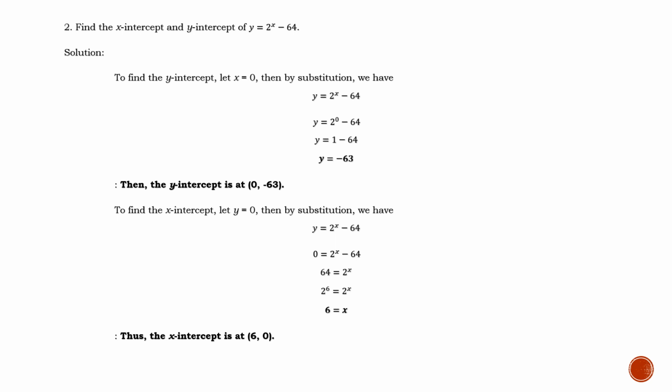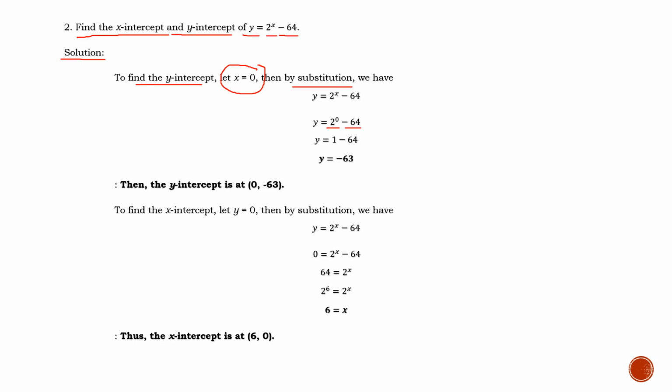For example number 2, find the x-intercept and y-intercept of y equals 2 raised to x, minus 64. For the solution, to find the y-intercept, it's automatic that we conclude x is equal to 0. Then by substitution, we can find the value of y. Substituting 0 as the value of x, it becomes 2 raised to 0 minus 64.